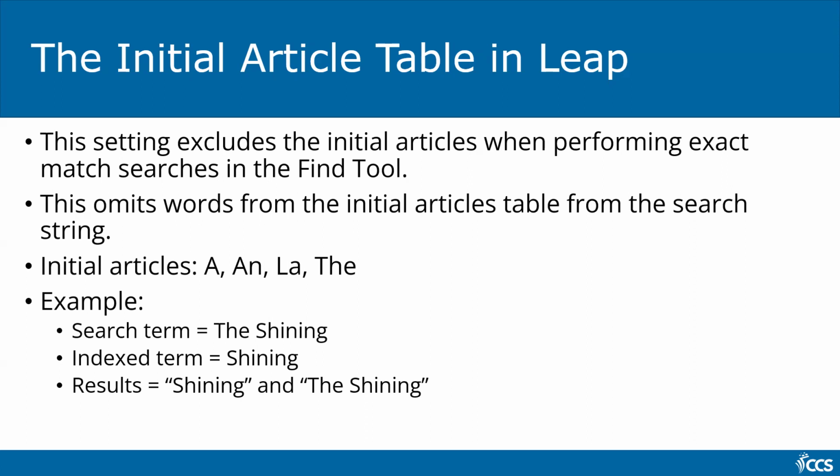I don't think, we may need to check on that. I saw la in the table and I'm not sure why el is missing and la is there, or los or las. So an example is for the words The Shining, the search term, if you type in The Shining, and the term that's indexed is Shining, it would bring up results for both Shining and The Shining if you use the setting.